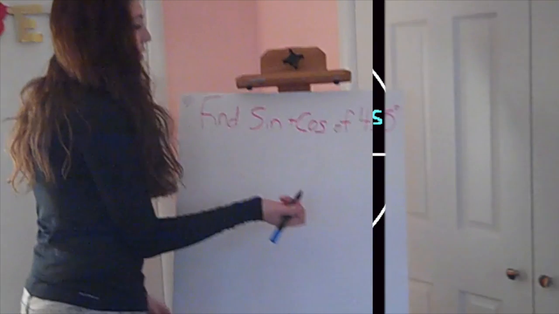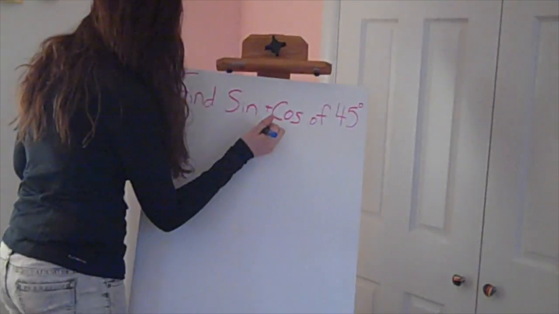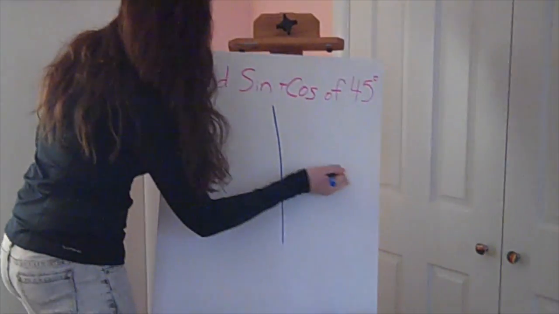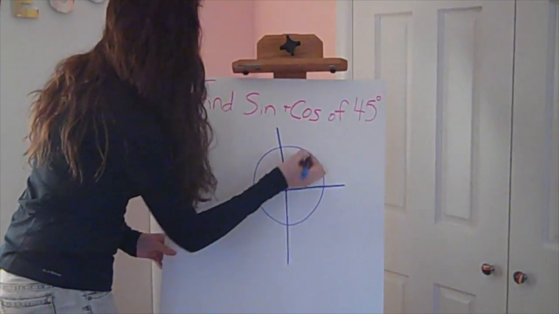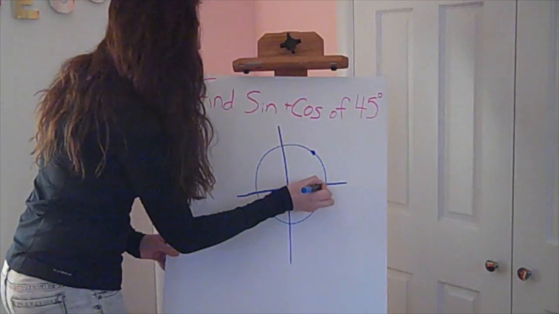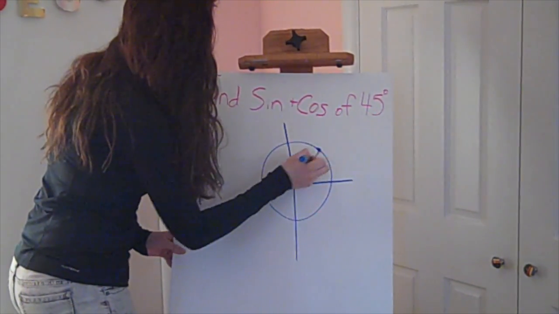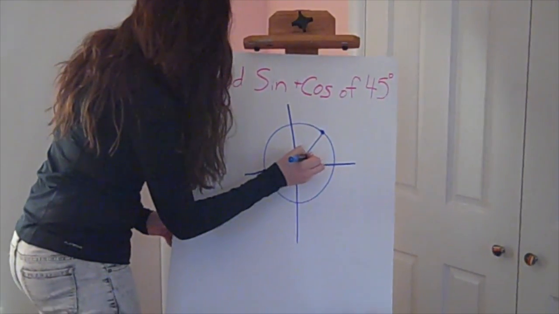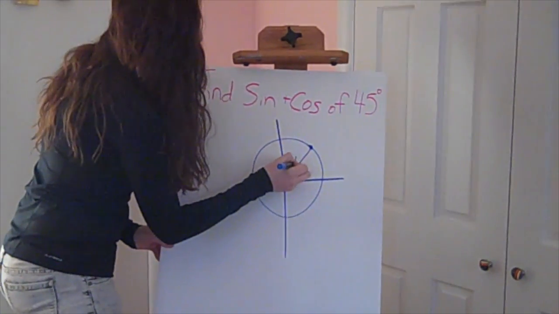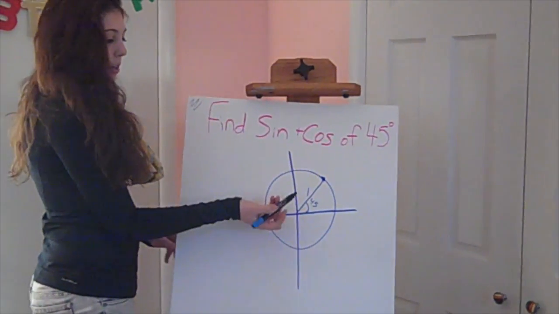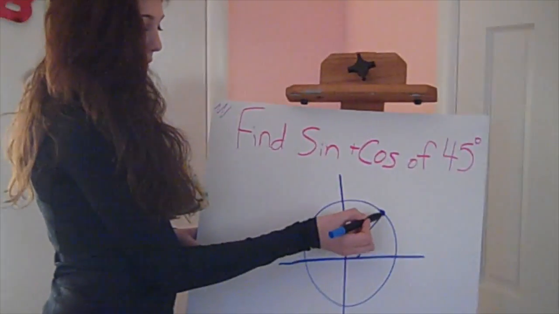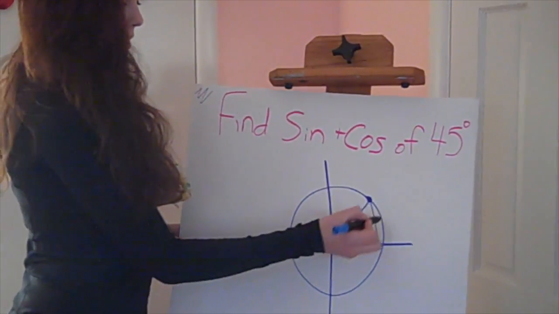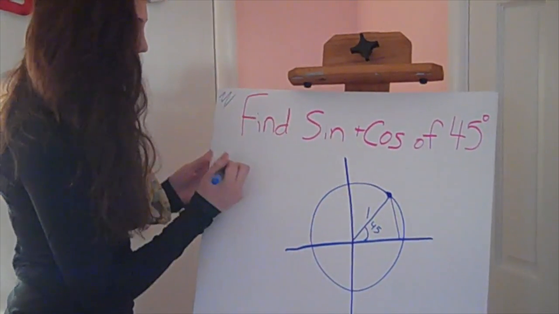So to solve for the sine and cosine of a 45-degree angle, we can draw the unit circle again. And here is 45 degrees going from the x-axis. Since it's on the unit circle, the hypotenuse is 1, and since it's a 45-degree triangle, the two sides are equal.